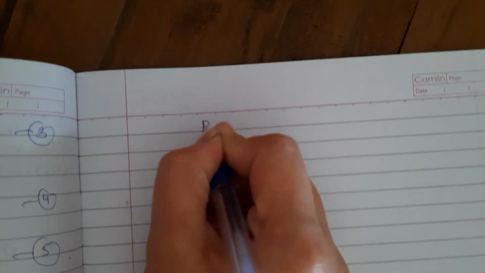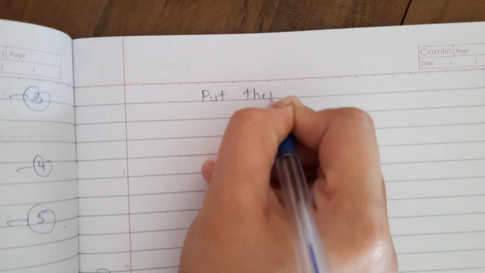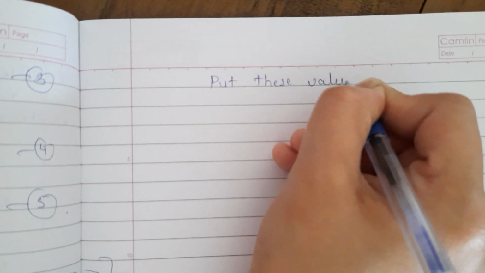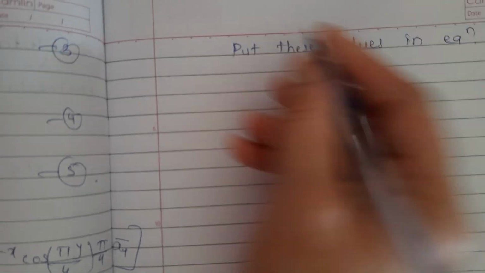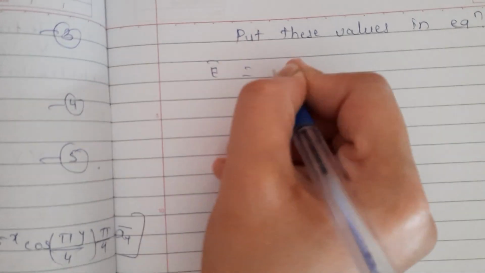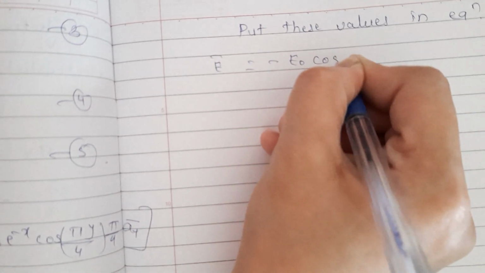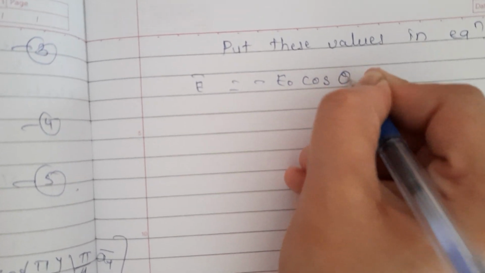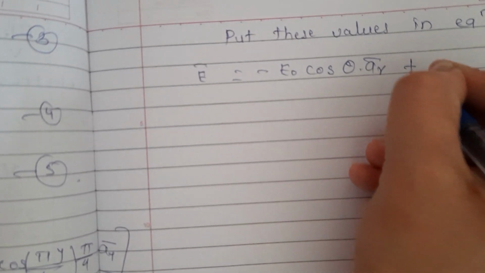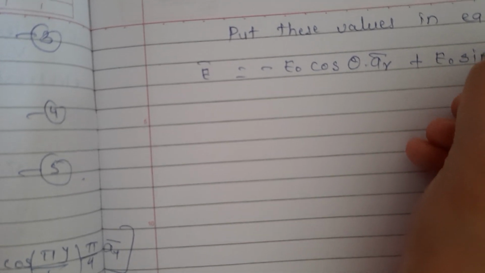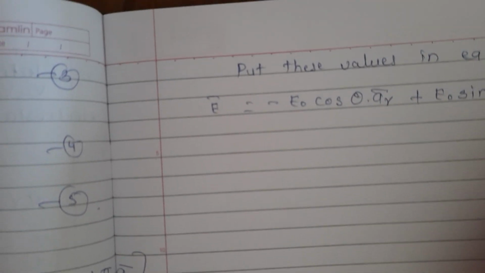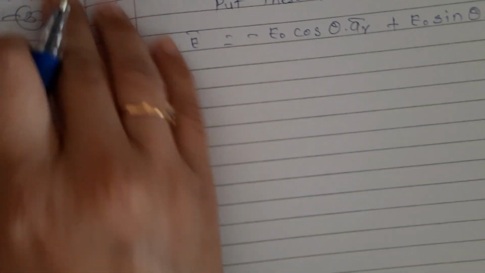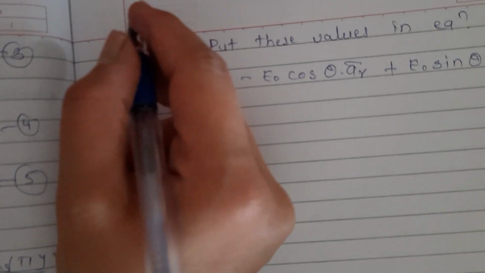Now put these values in equation 7. So E bar is equal to minus E0 cos of theta ar bar plus E0 sin theta a theta bar. This is equation 11. Now we have to calculate E bar at the given point.